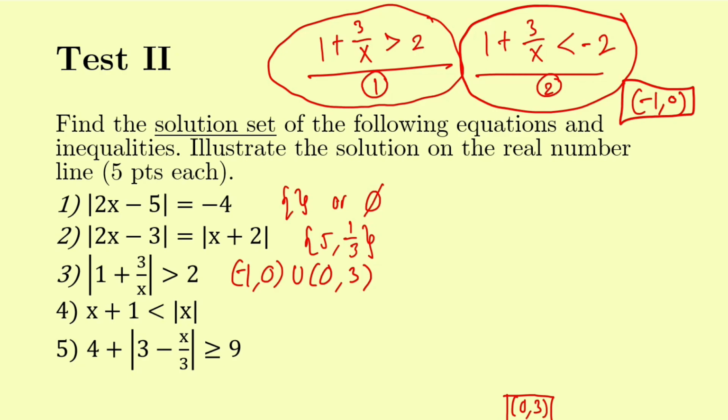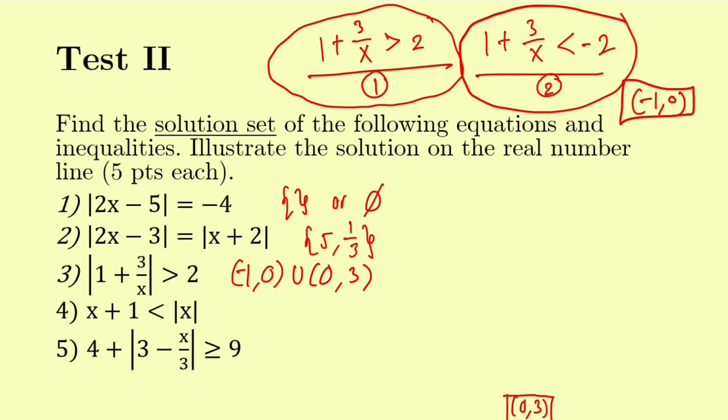Pero, for your midterm exam, if we are looking for the solution set, I will also consider the interval notation. Kasi kapag you will still use x such that x is greater than negative 1 but less than 0, and combined with x such that x is greater than 0 but less than 3, it's very lengthy, tedious to write. So ito na lang. This will suffice.